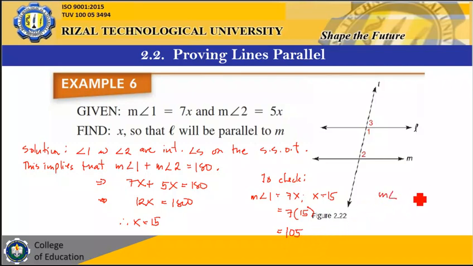The measure of angle 2 is equal to 5x, so 5 times 15 is 75. The measure of angle 1 plus the measure of angle 2 is equal to 105 plus 75, which is 180, and therefore our answer is correct. Okay, in the next video we'll talk about the angles of a triangle.